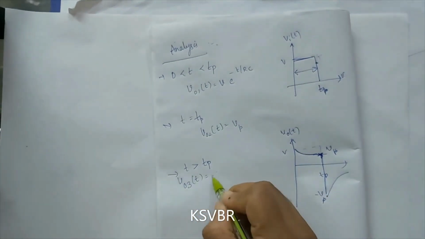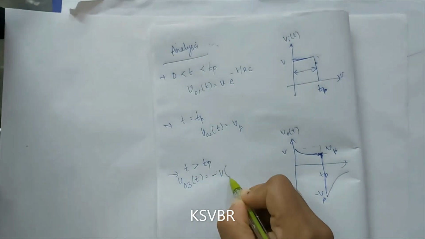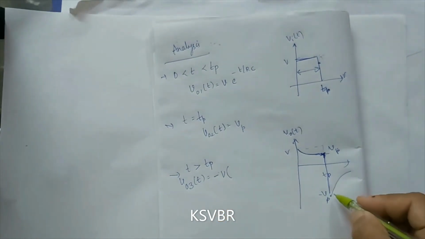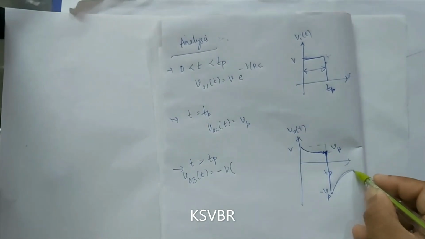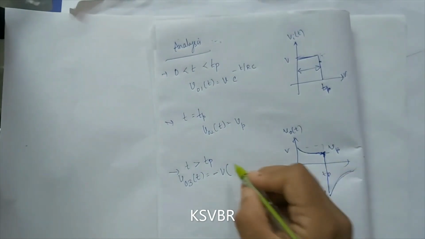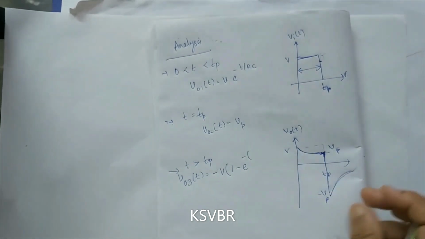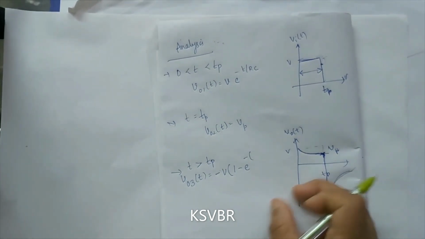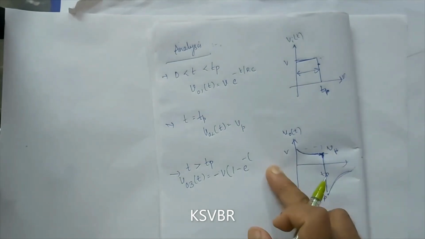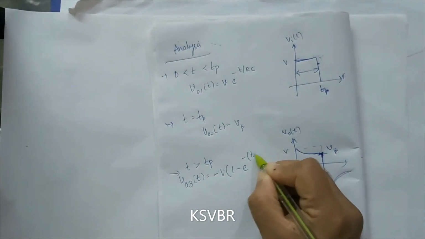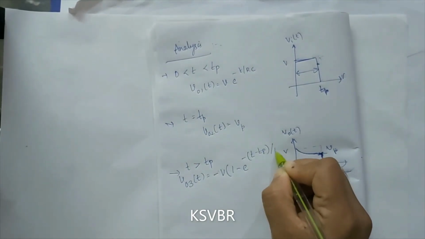V0 of t is equal to minus V into, if you observe, this is an exponentially increasing signal towards 0. So I can write minus V into e power minus, the time period is t minus tp, as we are neglecting 0 to tp, so t minus tp by RC.